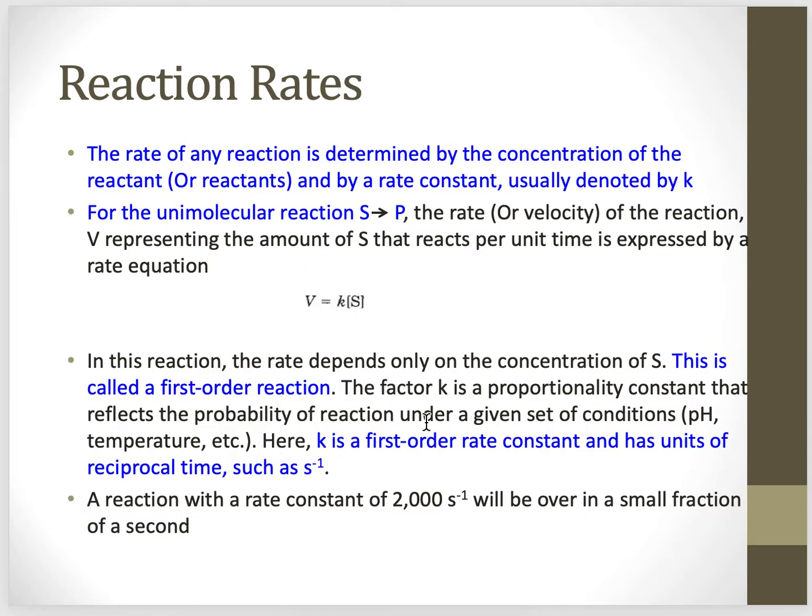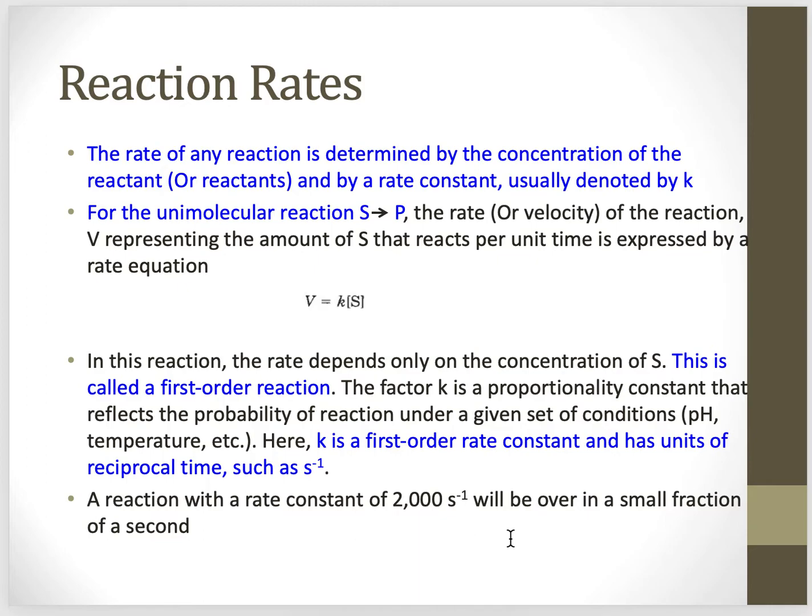So what do we understand by these things? A reaction with a rate constant of 2000 per second, what do we understand by this? This means this reaction will occur very fast. This reaction will be over in a very small fraction of a second.